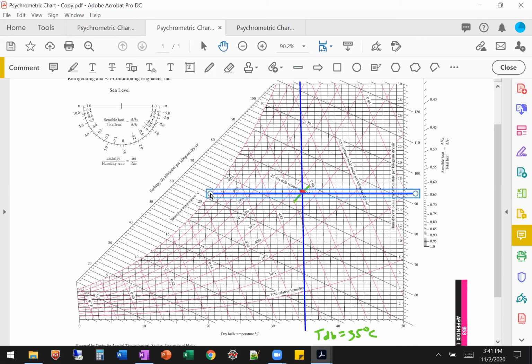I said it was 0.016, so right about there, kilogram vapor per kilogram dry air. And we're cooling, so we're going to the left from our point. If we were heating, we would have gone to the right from our point, but we're cooling.